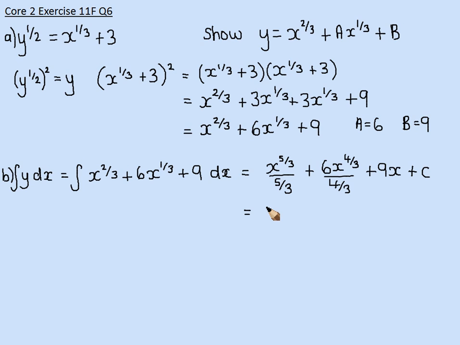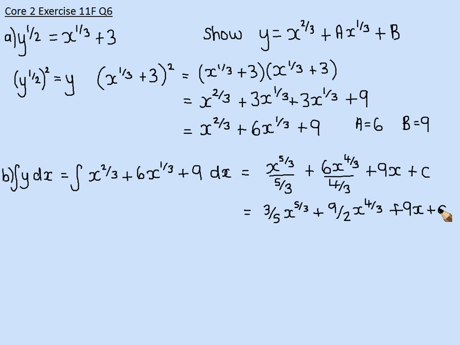So tidying that up, that's going to be 3/5 x to the 5/3 plus, 6 times 3 is 18, so 18/4, which I'm going to simplify straight away to 9/2, x to the 4/3 plus 9x plus the constant. So part B is done.